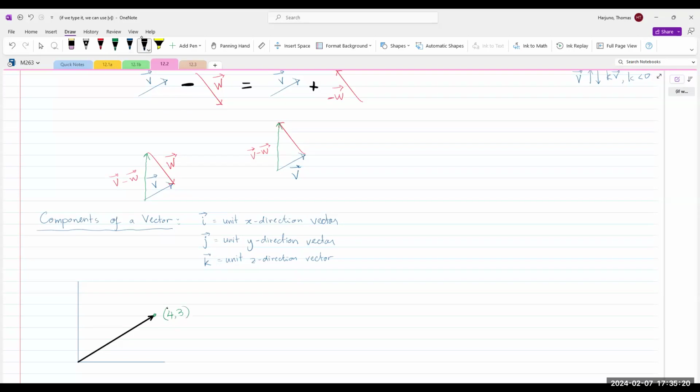So this factor, let's call it factor A, is denoted by factor notation, not using parentheses but using the side wedge, 4, 3, which we can also write as 4 times the x direction factor i plus 3 times the y direction j.